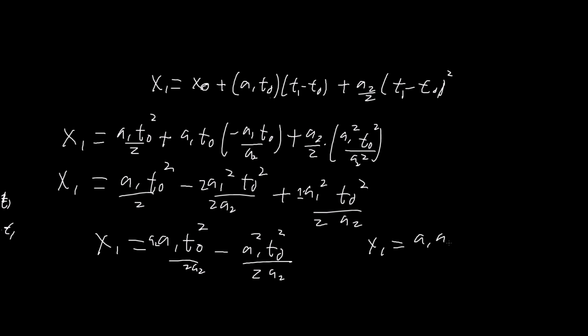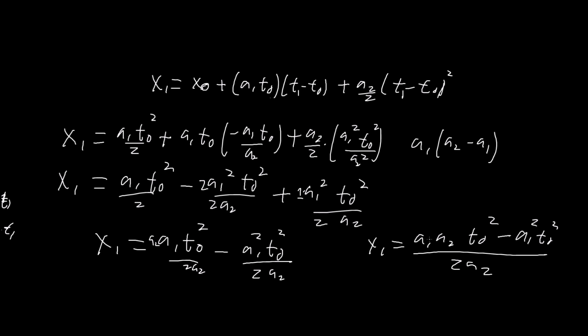So here you have a1 a2 t naught squared minus a1 squared t naught squared over 2a2. And I'm going to factor out the a1 and the t naught squared. So a1 is going to be out, and you'd be left with a2 minus a1, with the t naught squared on the outside, over 2a2, and that's going to be x1 equals.